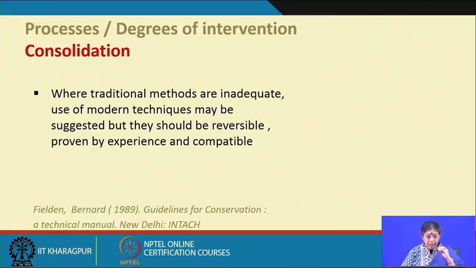Now, we will talk about the ethics of conservation. Generally what is said is that where traditional methods are inadequate, the use of modern techniques may be suggested, but they should be reversible, proven by experience and compatible.